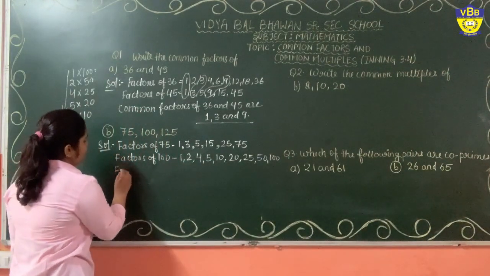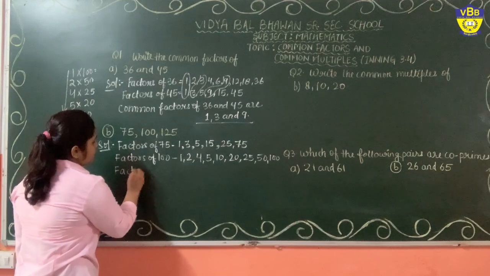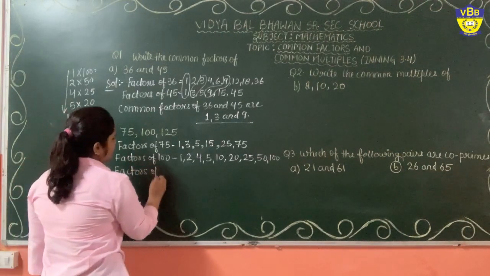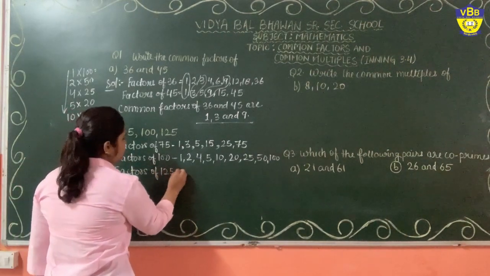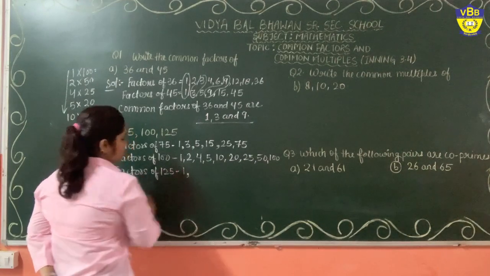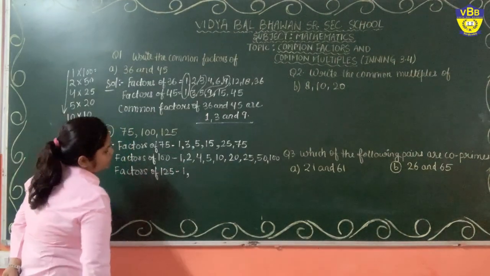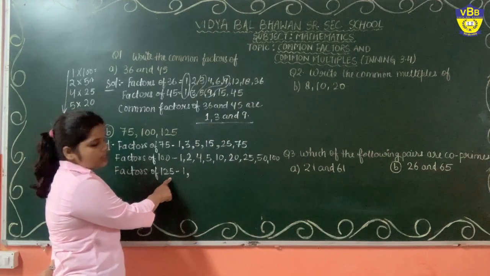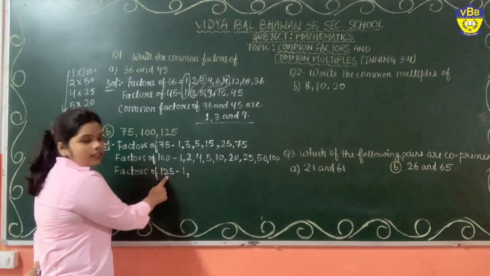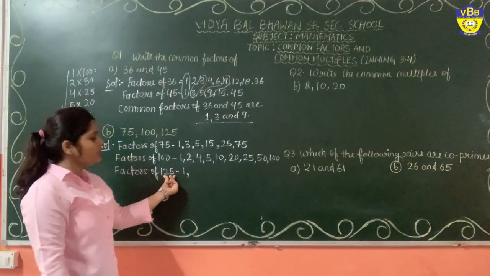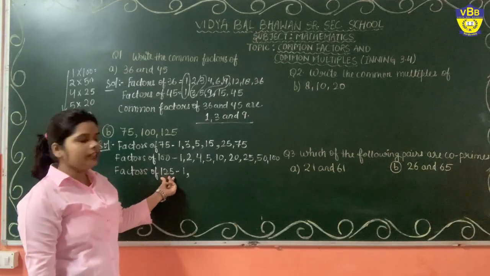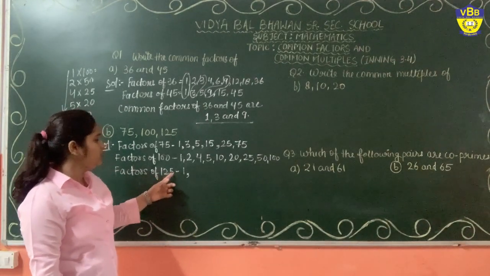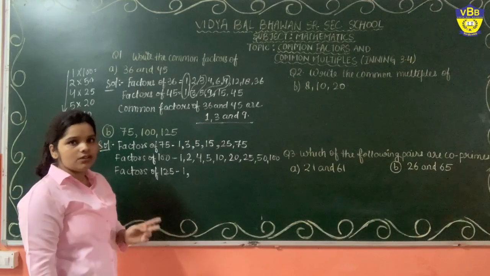After that, if we talk about the factors of 125, it will be 1. It does not come in the table of 2 because it is odd. Not in the table of 3. You can check the divisibility test for 3. 1 plus 2 is 3, 3 plus 5 is 8 and 8 is not divisible by 3.